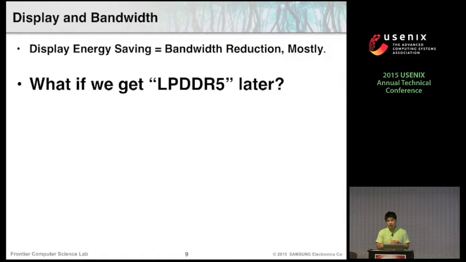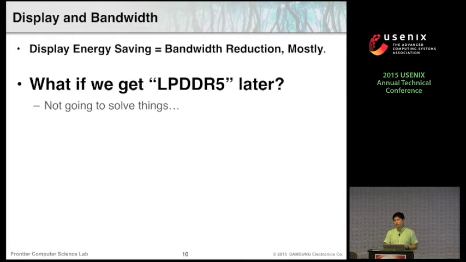Our observation in display power consumption is that in order to reduce it, you need to tackle the bandwidth between the devices, or from memory to processors. However, some may say that if we get better memory interfaces, which require less energy for each byte, then we can just solve the problem.